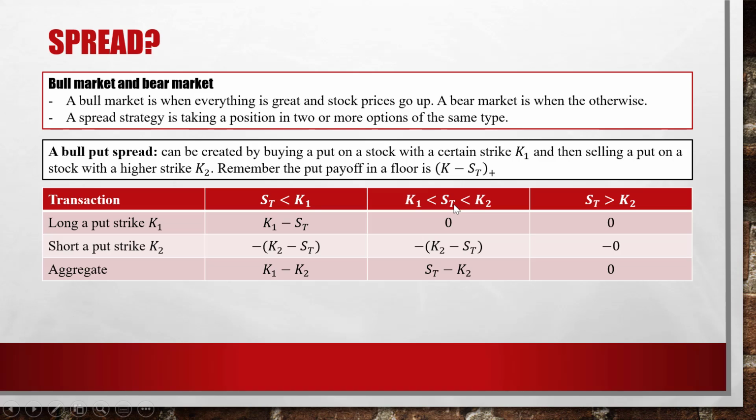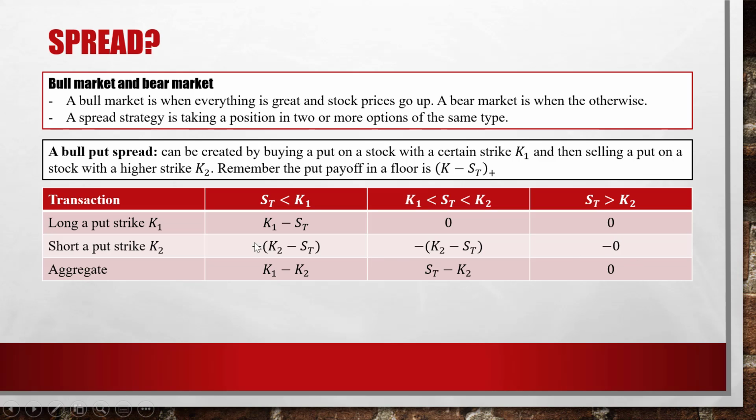When the stock price is between K1 and K2, that means the stock price is less than K2, so K2 is greater than ST. So (K2 minus ST)+ should be K2 minus ST. And because this is a short sale, we have to use a negative sign in front. The last case, when the stock price is greater than K2, so K2 is less than ST, so K minus ST here should be 0. See that?